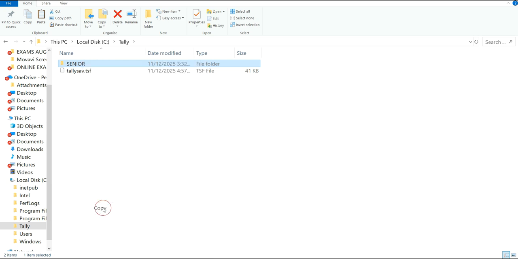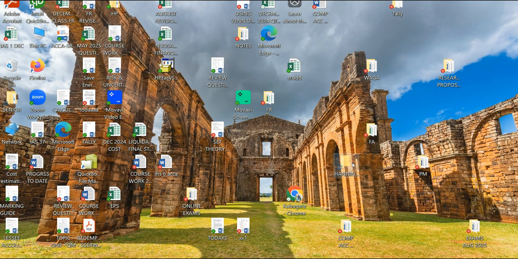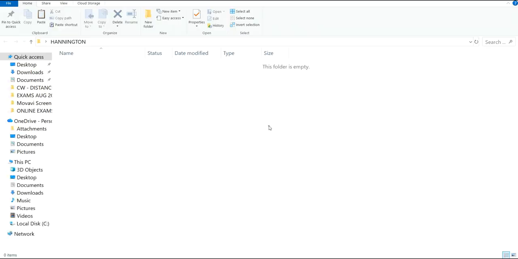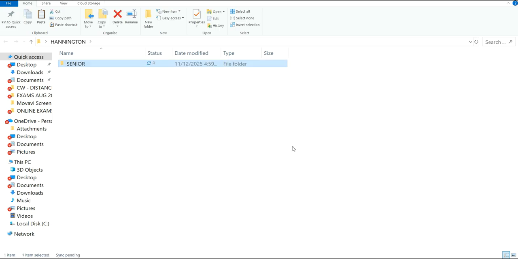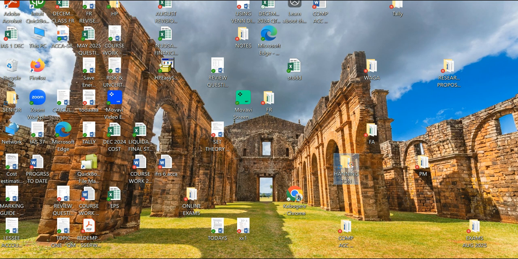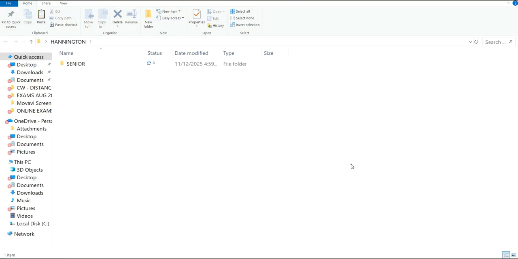Don't open it, just copy this folder. Then you paste it in the folder on the desktop, the one you've created. This is Huntington. So that folder is there. That's the folder where your work is now. So that's what they will pick for marking.